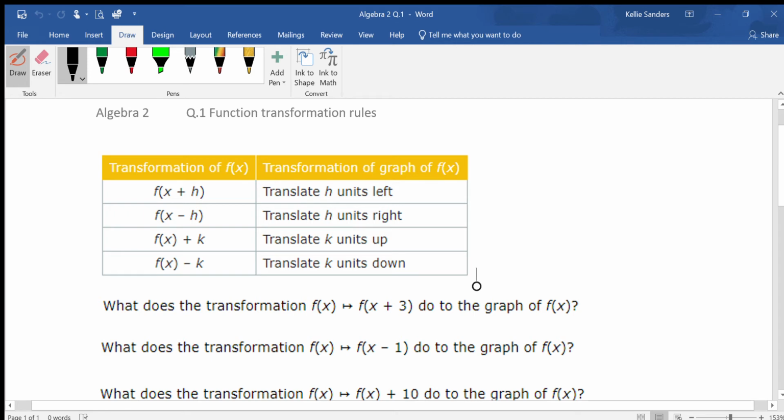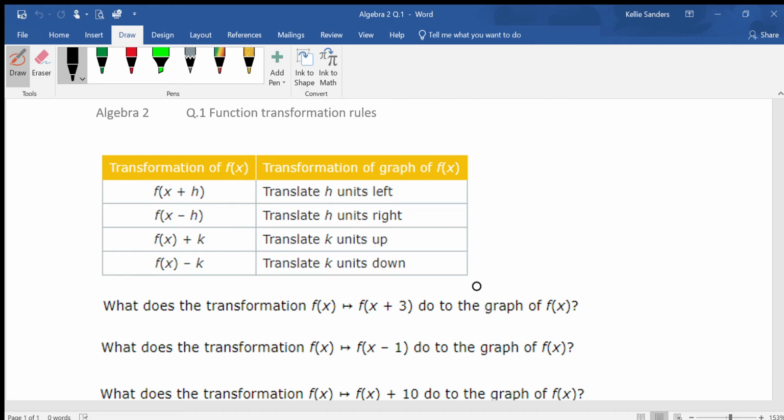Unit, Algebra 2 Q1, we're doing function transformation rules. I know a lot of you do not rely on notes whenever we are doing these problems, and whenever the test comes around, you guys forget things. I'm not talking about everybody, but I'm talking about a lot of you, okay?